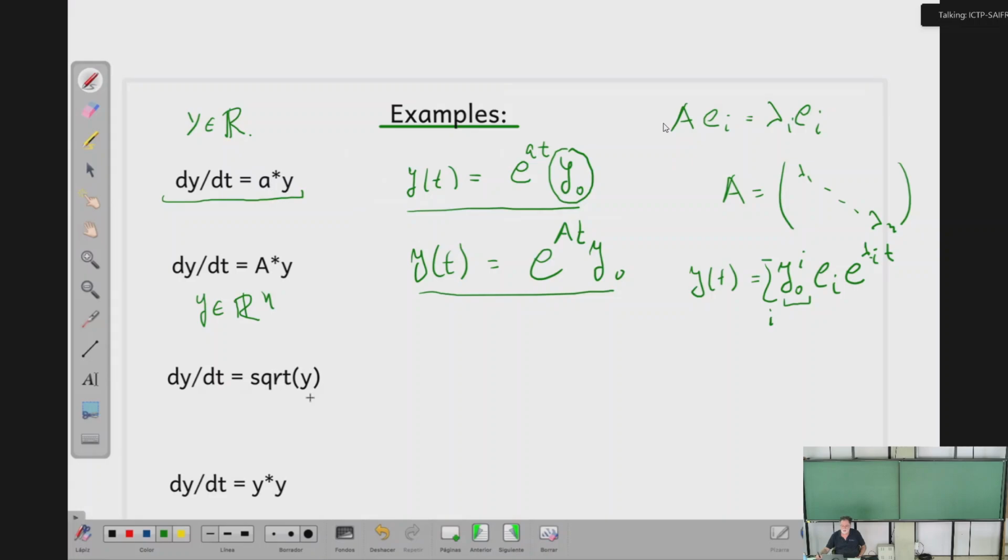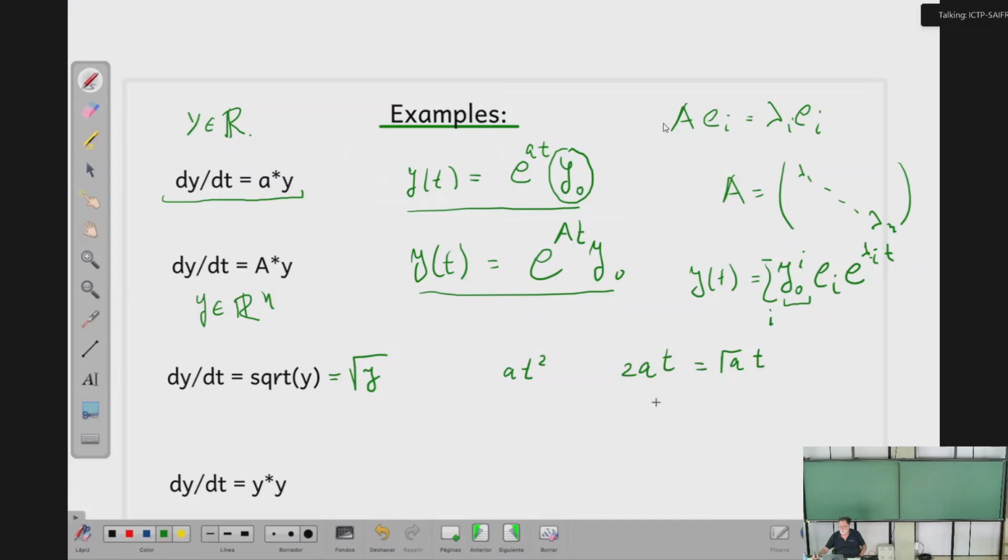So this is a case we all love in physics because we can solve this problem. We can solve some other problems, for instance this, if this is the square root of y. The solution to that is, let me remember, I think is some constant times t squared. So if we take the left side, this will be 2at, and on the other side we have square root of a times t. We are taking the, say, the positive root.